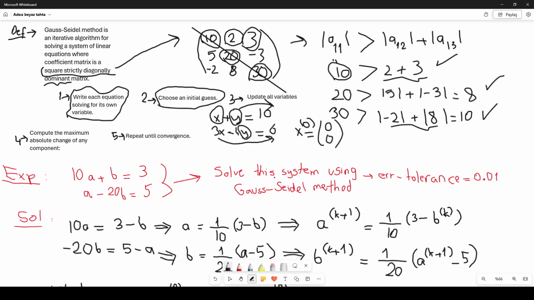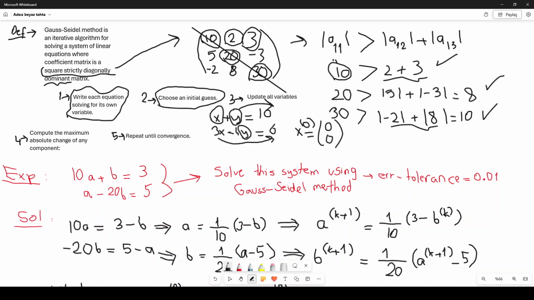All right, and in the third step, we update all variables with respect to the iteration formula. And actually, the difference between the Jacobi method that we learned previously and the Gauss Seidel method comes out at this step.